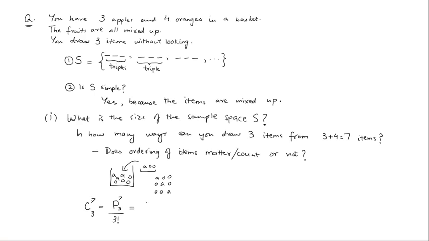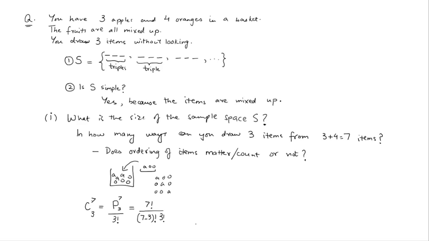And this gives you 7 factorial over 7 minus 3 factorial. This was the permutations formula, and you divide by 3 factorial.